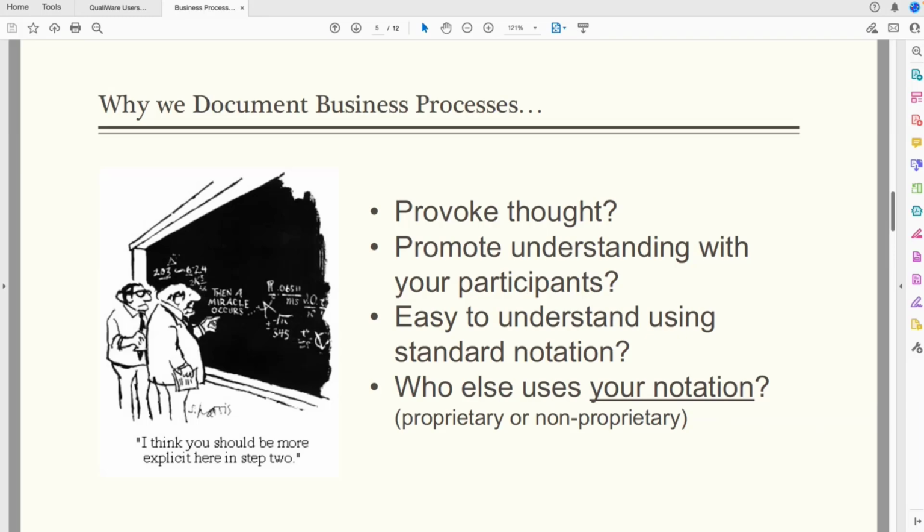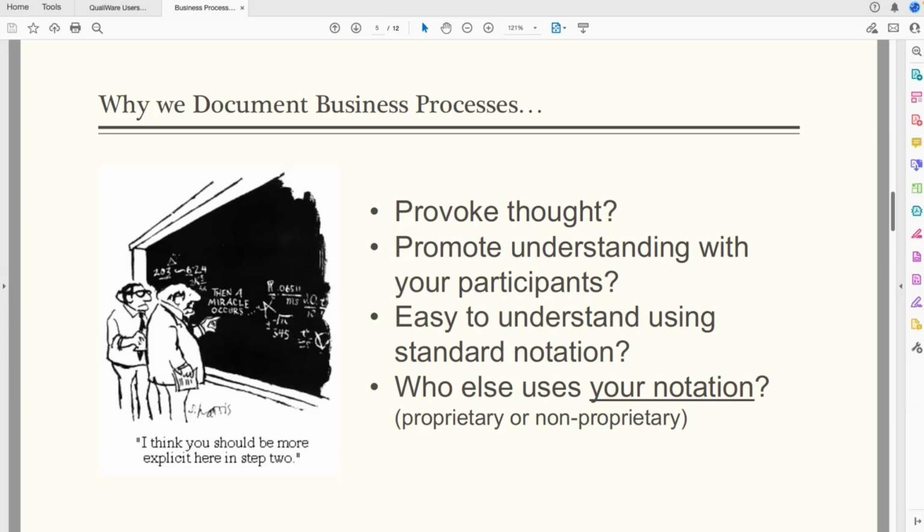That's what you're trying to communicate when you document your process, so that when you give it to somebody else to look at, do they understand it? Promote that understanding with your participants, who have to participate within the process and perform some of the activities. Is it easy to understand using the notation that your department uses or you yourself have chosen to use?